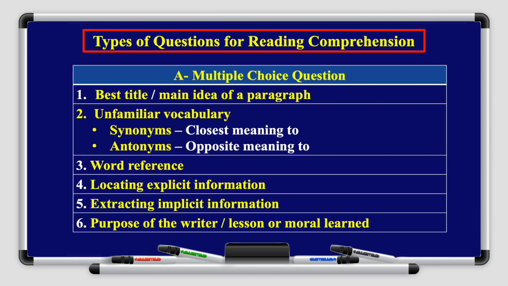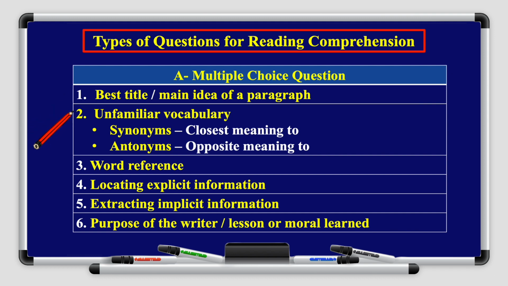Of course, we are going to have certain types of questions you will face for reading comprehension. We all know that we have two types of questions. We know that we have multiple choice questions. We're going to ask you what is the best title of a paragraph, what is the main idea of the paragraph. I would give you an unfamiliar vocabulary word.